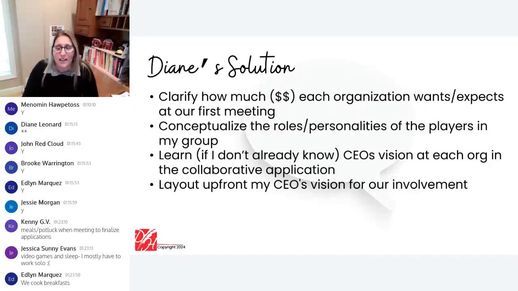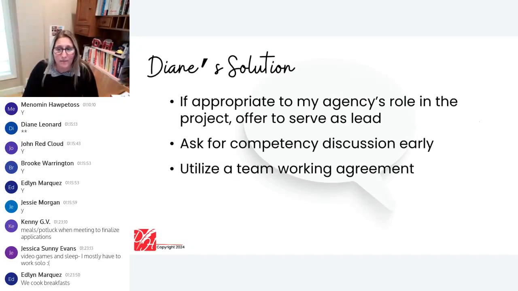That way, the different CEOs in the process didn't feel like they were fighting over power. Understanding the background of who was in the room and what the different skills were, we needed the team working agreement to understand who was helping and how they were helping.